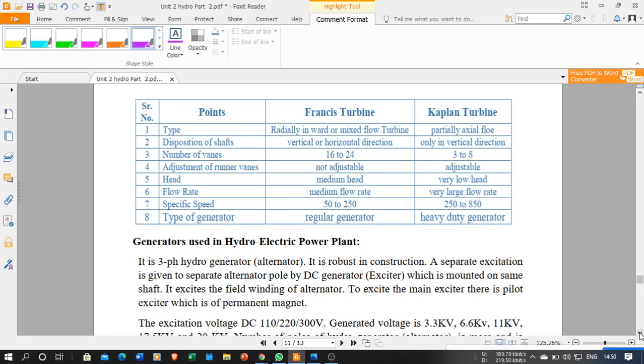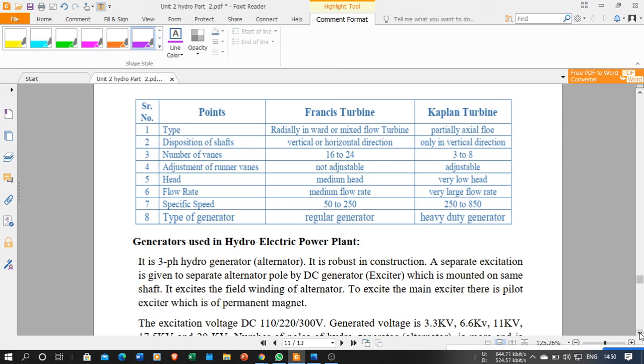Adjustment of runner vane: the Francis turbine has fixed vanes, so it is not adjustable, and the Kaplan turbine has movable vanes, so it is adjustable. The Francis turbine is used for medium head, and Kaplan turbines are used for low head application, 3 meter to 30 meter only. Flow rate: the Francis turbine has medium flow rate, and the quantity of water required is less.